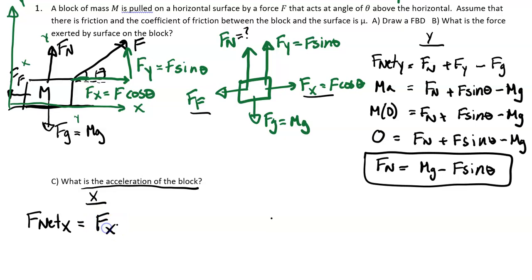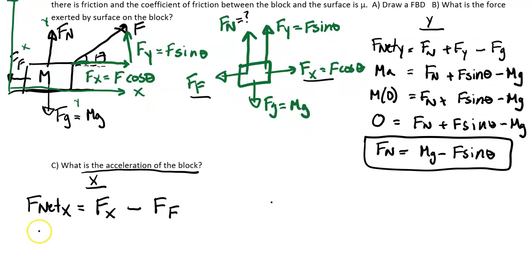So Fx is going to the right, positive direction, minus Ff. So then F net, we know that is going to be mass times acceleration. Fx is going to be F cosine theta, minus Ff, our equation for that is coefficient times Fn.